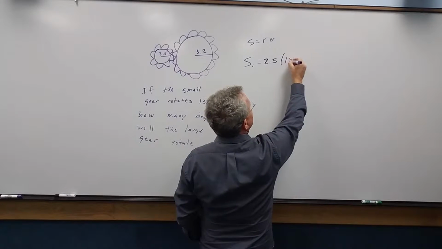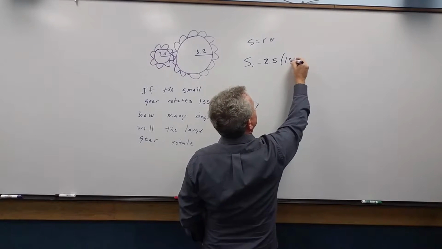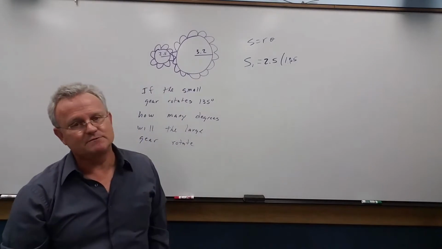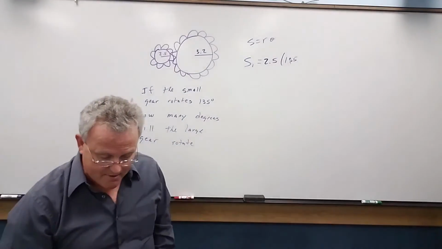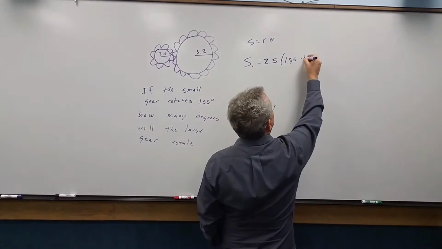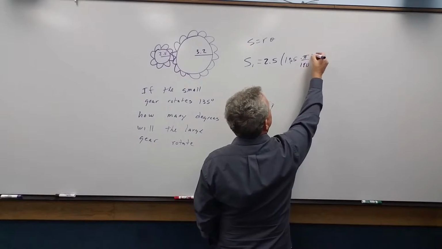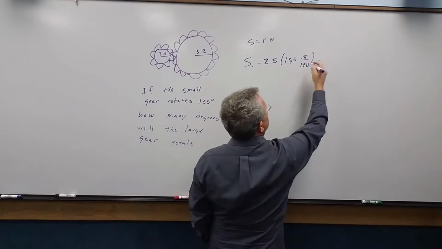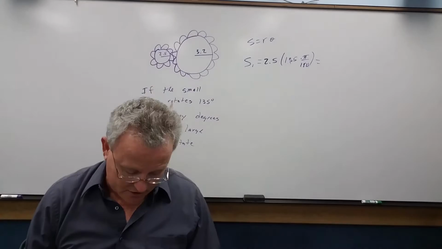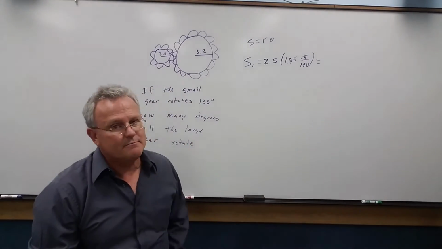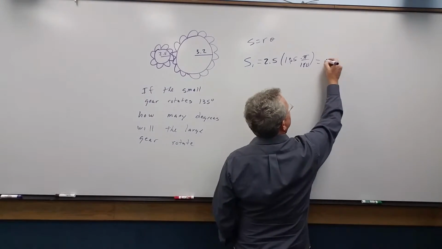But in this formula, the degrees must be in radians. So to convert this to radians, we multiply by pi over 180. So then you can simplify that, but you get out your calculator, plug that in, and you get about 5.89.